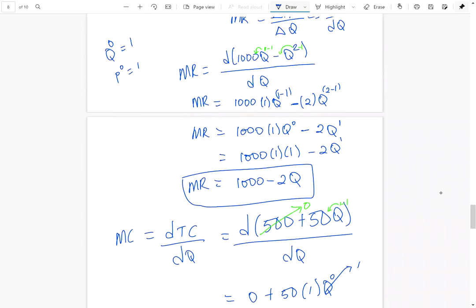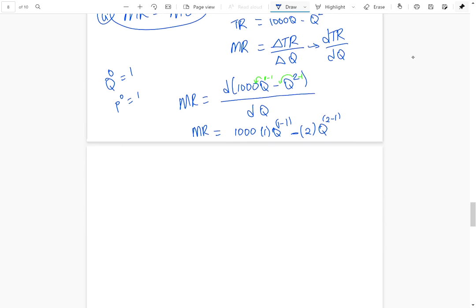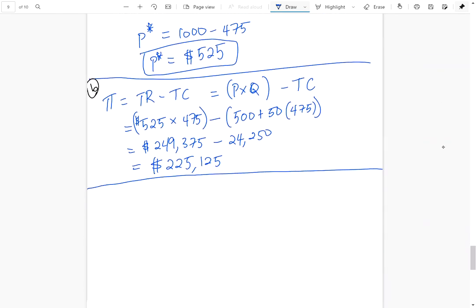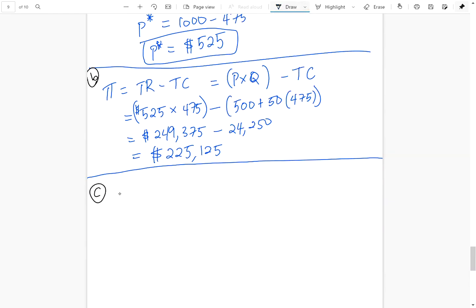All right, so part C then goes on to say, well, what will profit be if we decided to go with a Q that wasn't Q star? And we said, let's go back 100, or let's go forward 100. So let's do that. In part C, we'll start with a Q that is less than Q star.